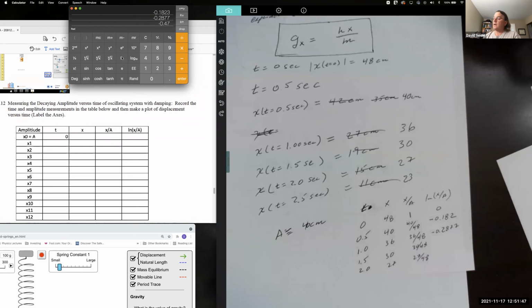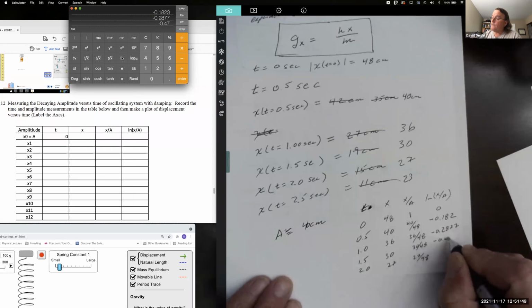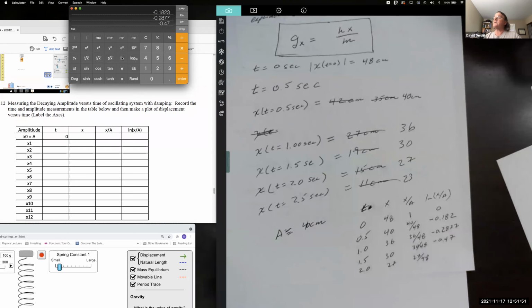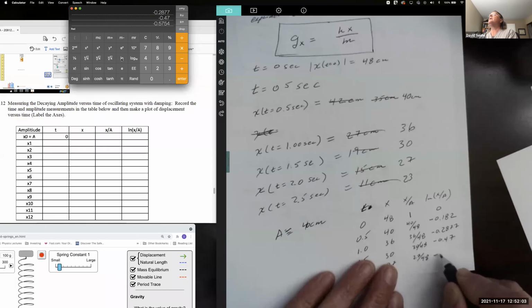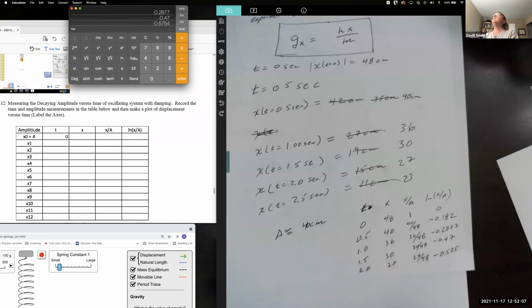Take the natural log, minus 0.47. I'm very suspicious of this number. 27, take the natural log, minus 0.575. Okay, so I've got a batch of numbers here.